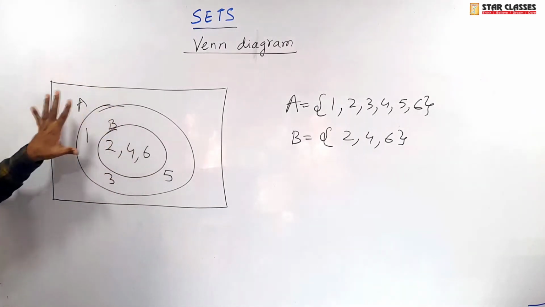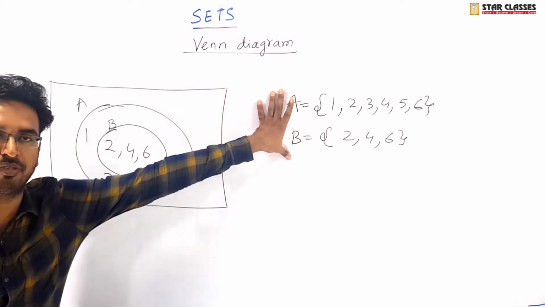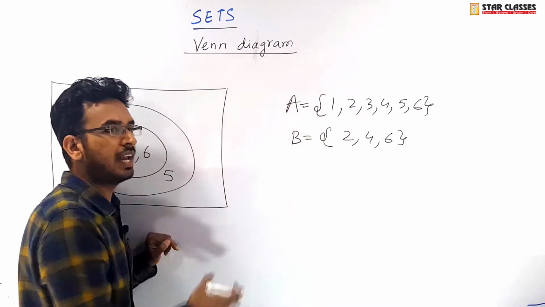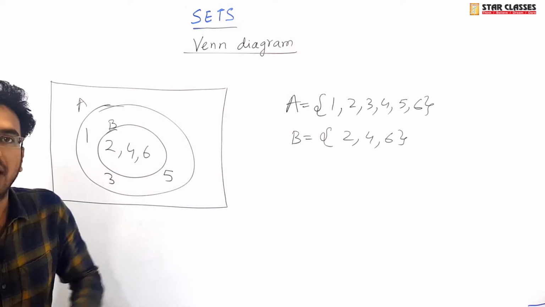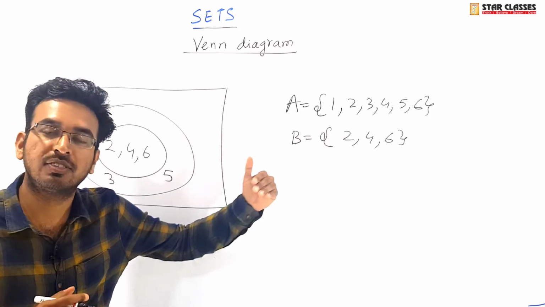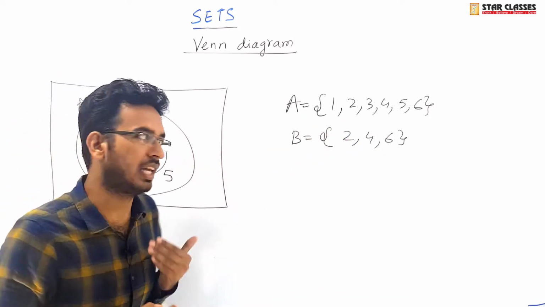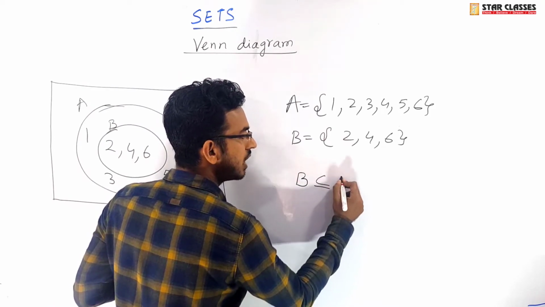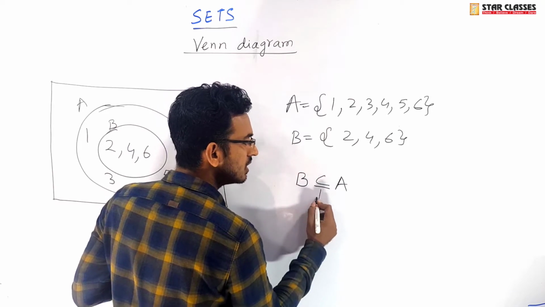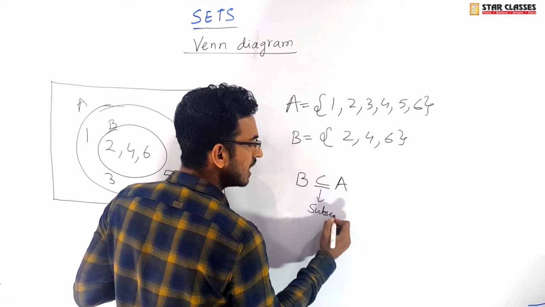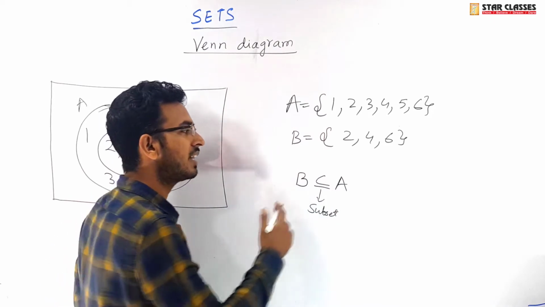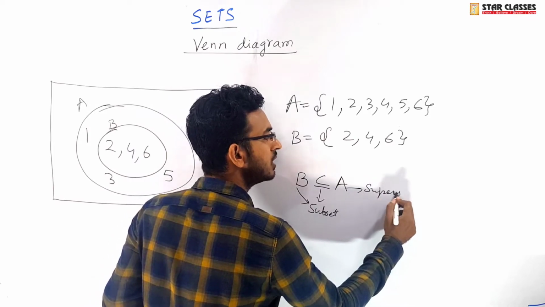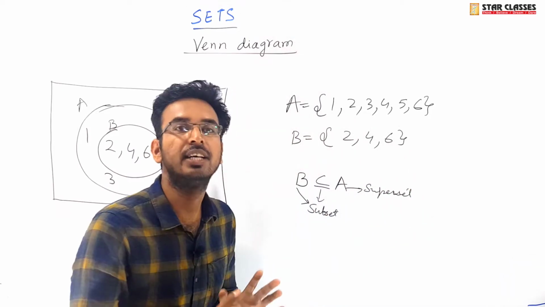Okay. Now we can see from the diagram and this listing form that set B is smaller than set A, and all the elements of set B are taken from set A. So I can say that set B is subset of A. While set B is subset, set A will be superset because set A is bigger, it is superset.